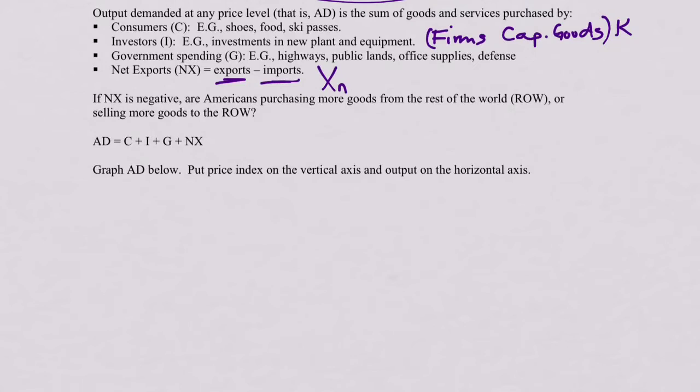We're going to obviously be importing more, so imports are greater than our exports. And so what are we doing? We are purchasing more goods from the rest of the world. So we say aggregate demand is the sum of C plus I plus G plus NX.